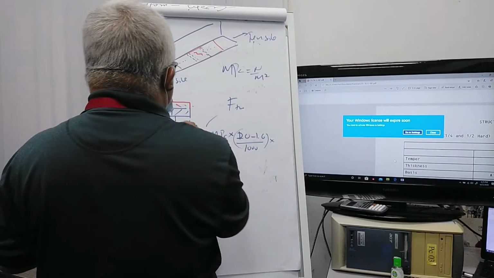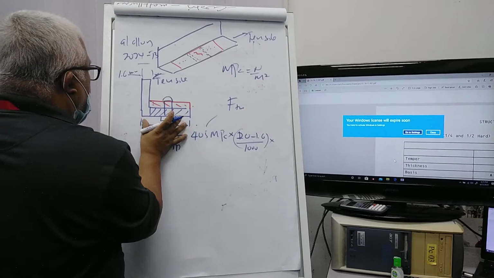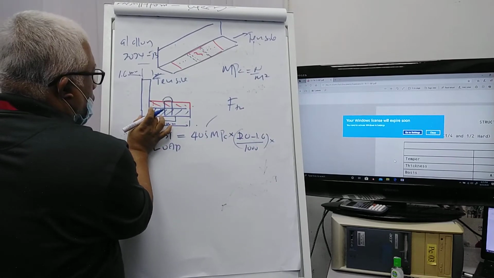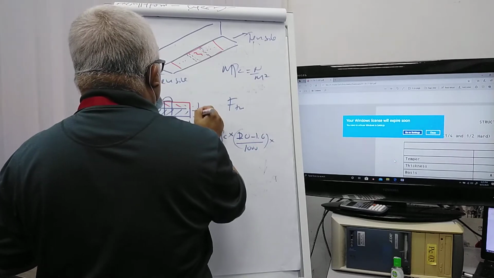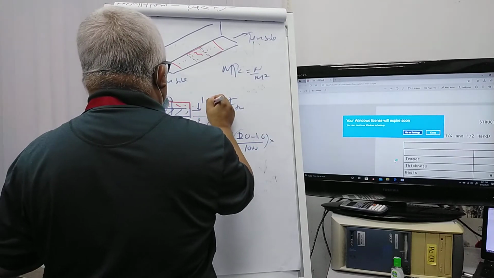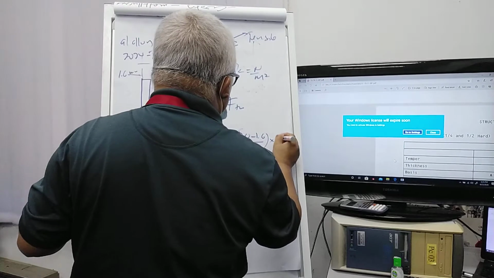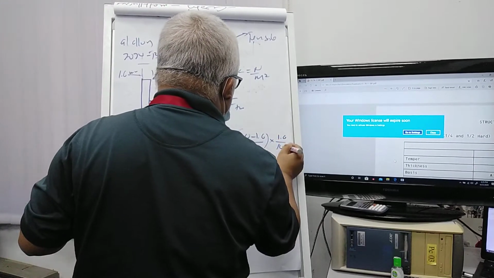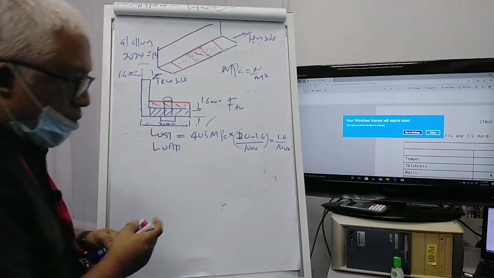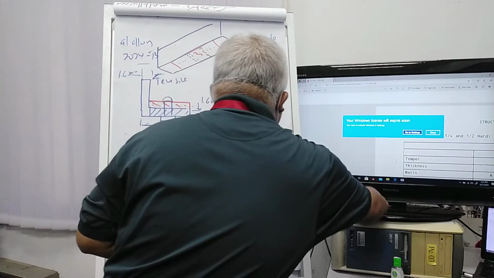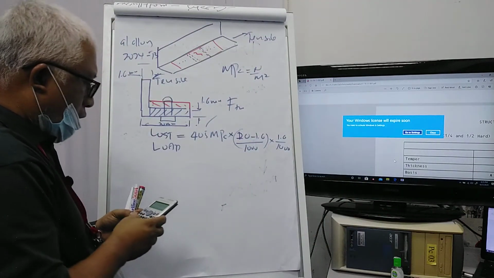So this is 20, and you have to multiply by the thickness, 1.6 millimeter, times 1.6 over 1000. So what do we get? Let's calculate.